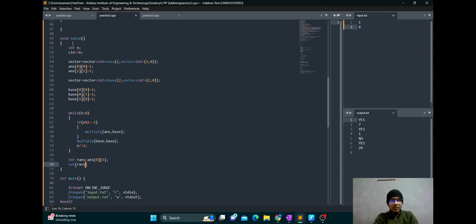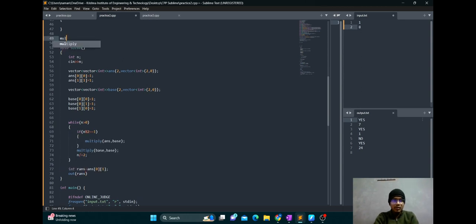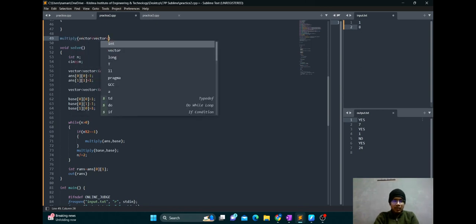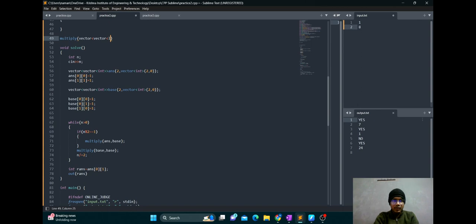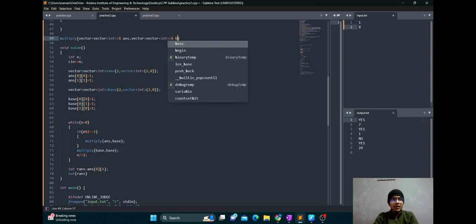So let's make the multiply function for it. Multiply, vector of vector of int, answer, comma vector of vector of int, base.